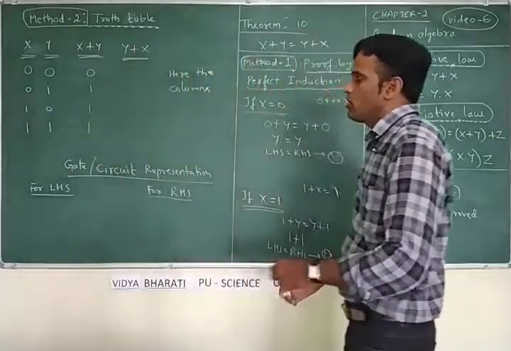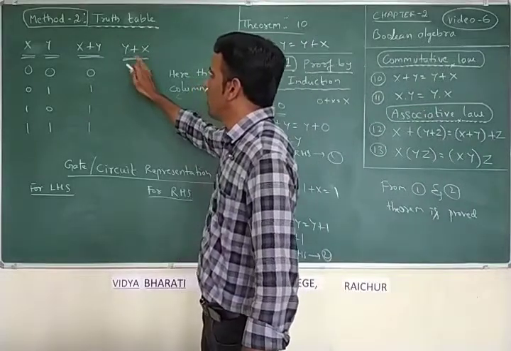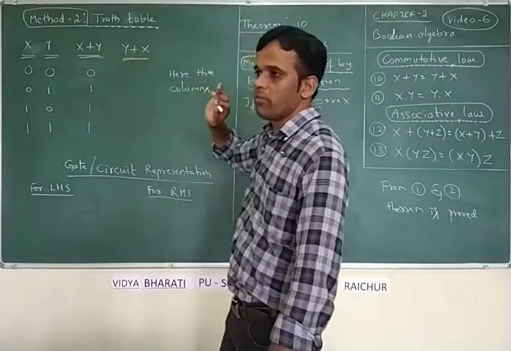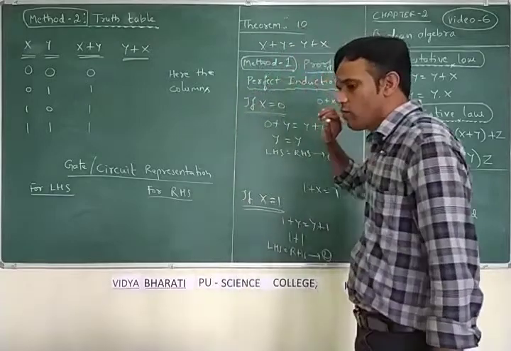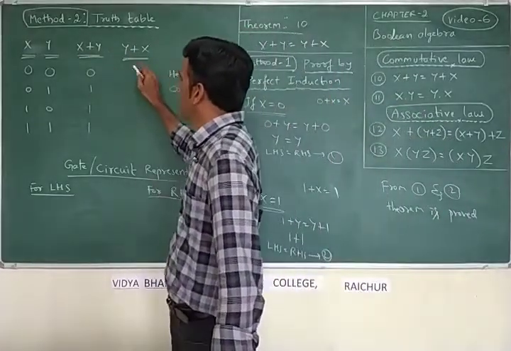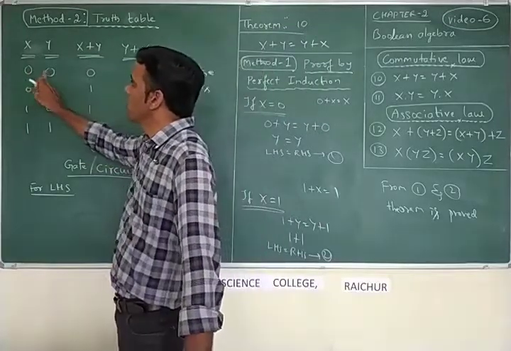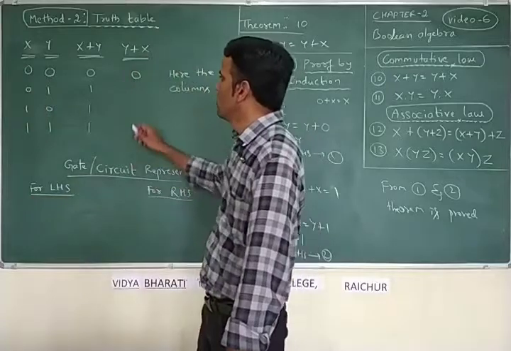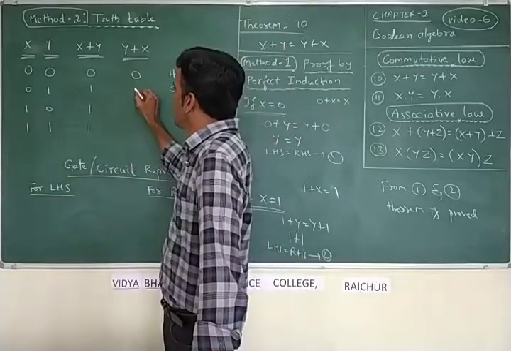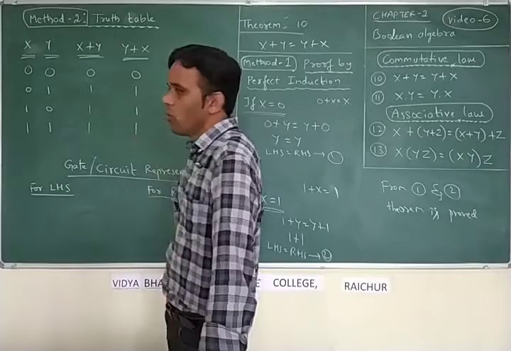Now even when it is y plus x, the OR operation property says that if both are 0, then only it is 0. So whether it is x plus y or y plus x, it is going to be 0 as both are 0. In the remaining cases, here also we are going to get 1, 1 and 1.